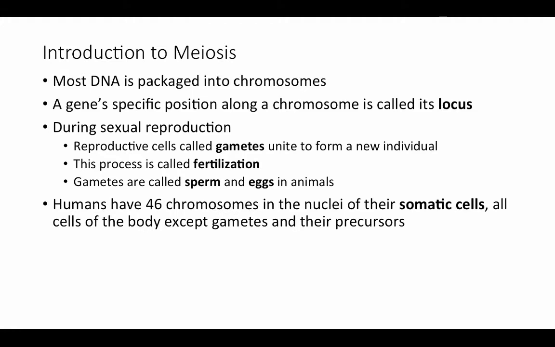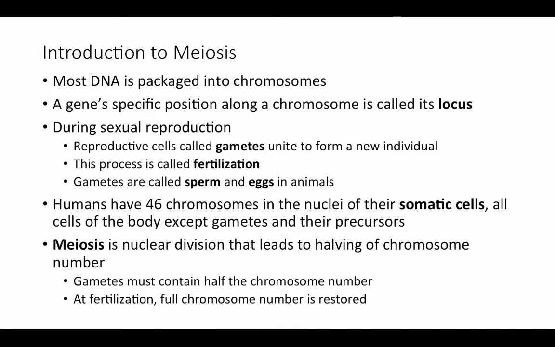So for example, humans have 46 chromosomes in the nuclei of all of their somatic cells. Each cell has the same 46 chromosomes with all the same genes, all the same DNA, all the same genetic information. Every cell of the body except for gametes and their precursors. What happens in these gametes, these sex cells, is a process called meiosis.